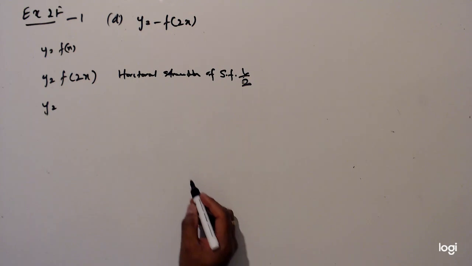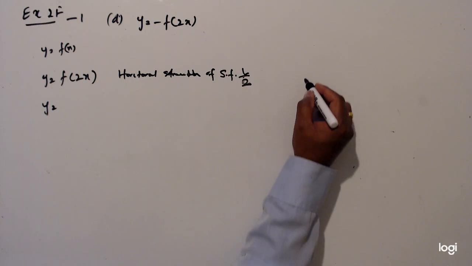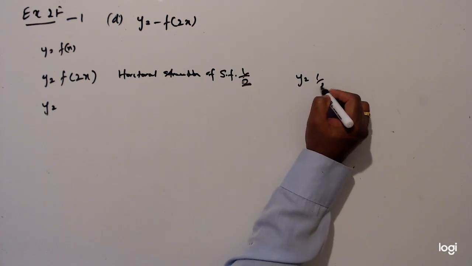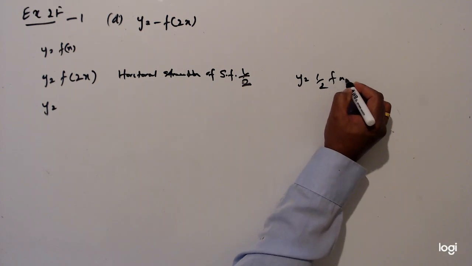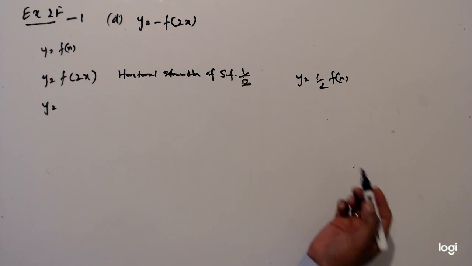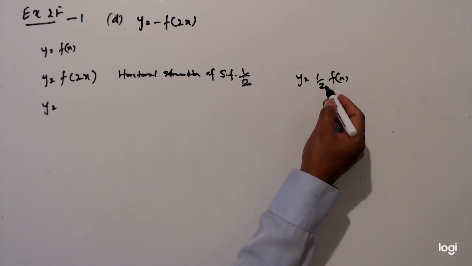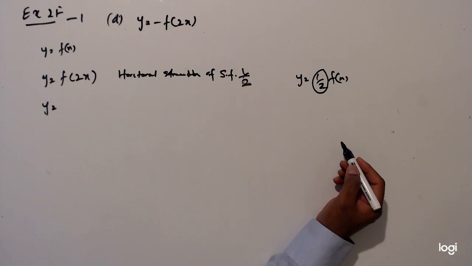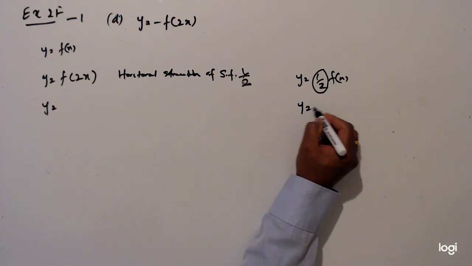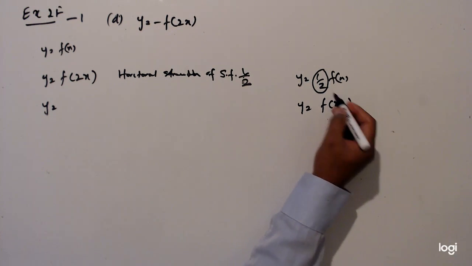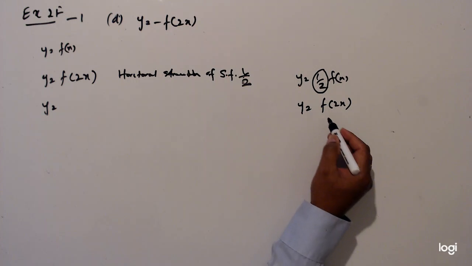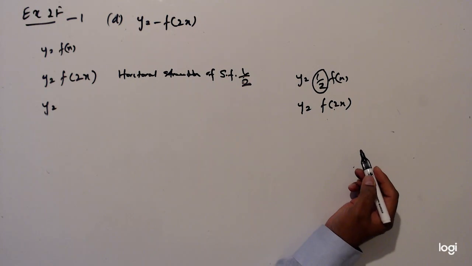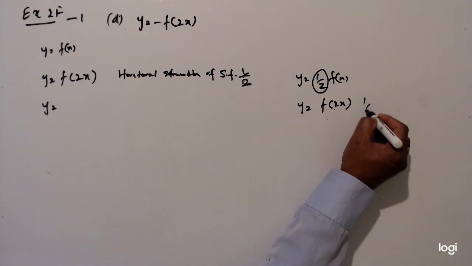Before that I just want to revise: y equal half f(x) is a vertical stretch and the scale factor is half. y equal f(2x) is a horizontal stretch and the scale factor is half.